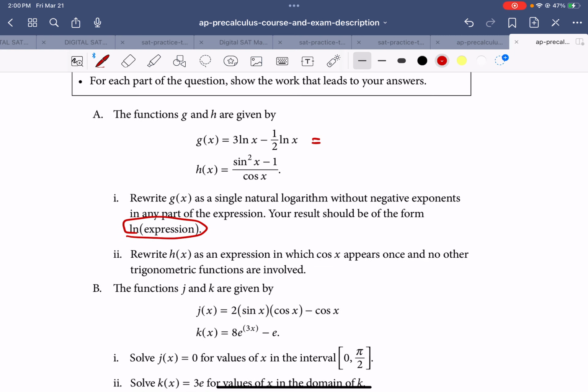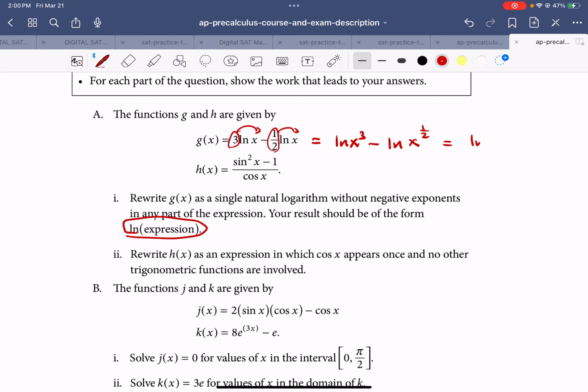Any coefficient for the ln, you can move up as an exponent. So it should be ln x cubed minus ln x to the 1/2. Now when you subtract logs, you can just divide.